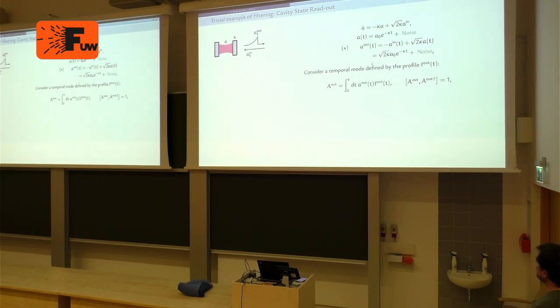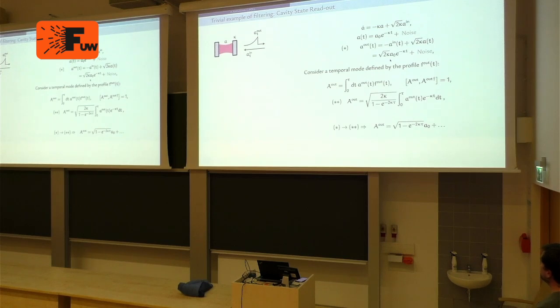Okay. But one thing important here is that I have some freedom in choosing this filtering function, right? So I want to choose such a filtering function that would maximize the contribution of whatever I want to learn about in whatever I can measure, right? And if we substitute this solution into this equation, it's quite easy to show that the optimal filtering function is likely this decaying exponential, right?